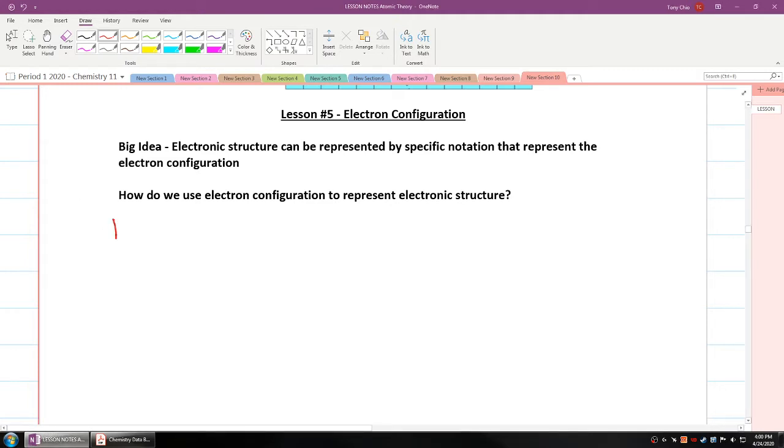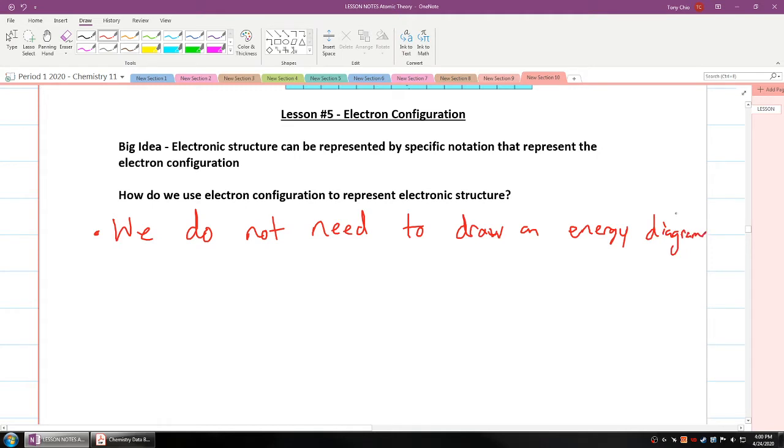Well, first of all, we do not need to draw an energy diagram. Instead, we use a notation to fill electrons.